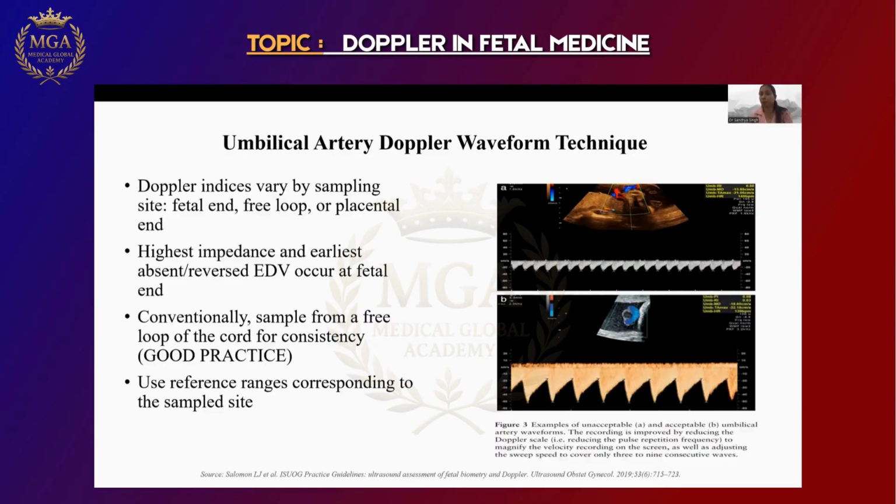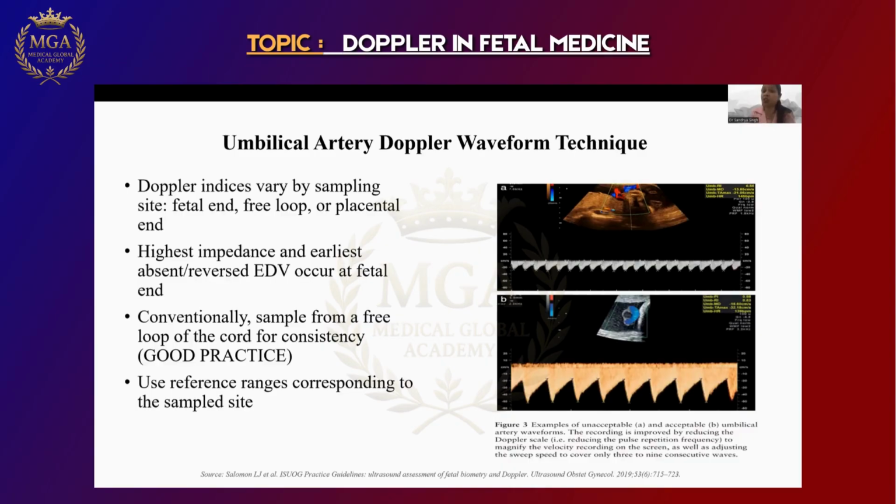Why am I saying this? Where the placenta is, there are a lot of vascular channels. So the flow is very good. So at that end, you will get least umbilical artery pulsatility index. But at the fetal end, they come and constrict into very small vessels. So the pressure itself is high. So the PI will come high naturally. So to make a balance of these two extremes, very low and very high, we take the free loop.